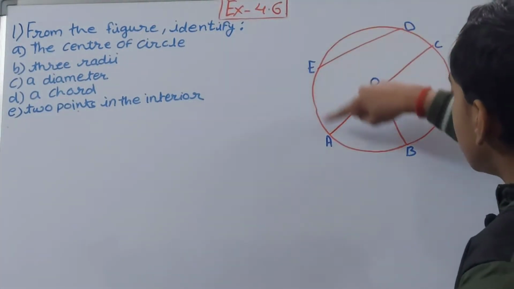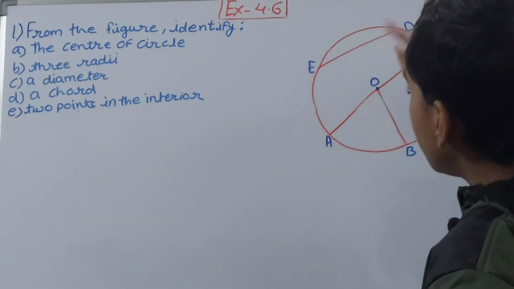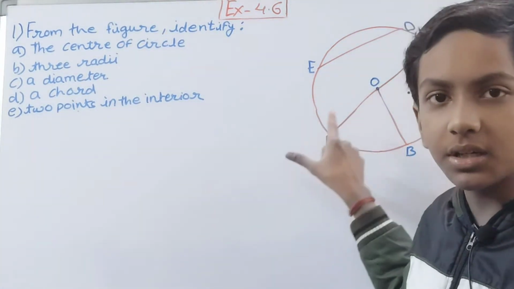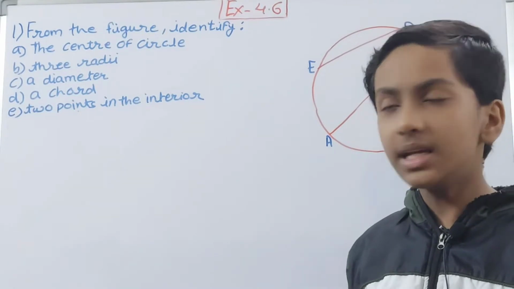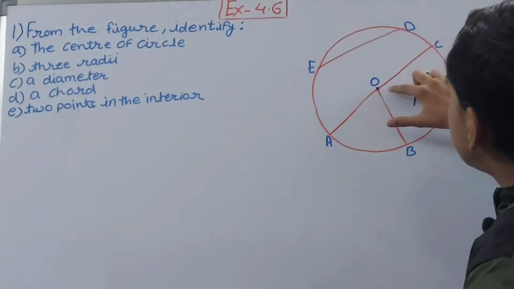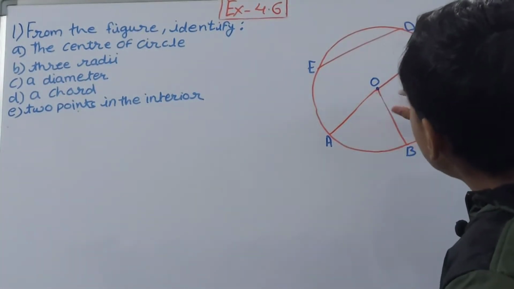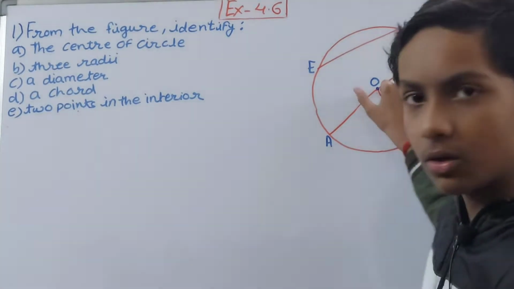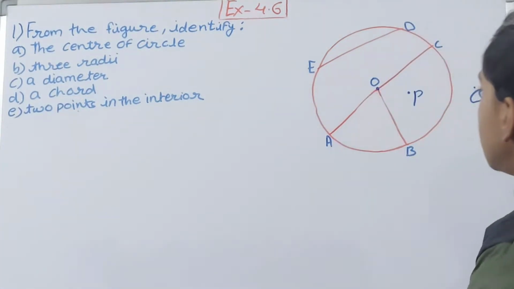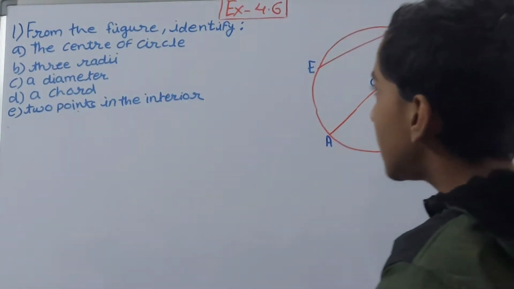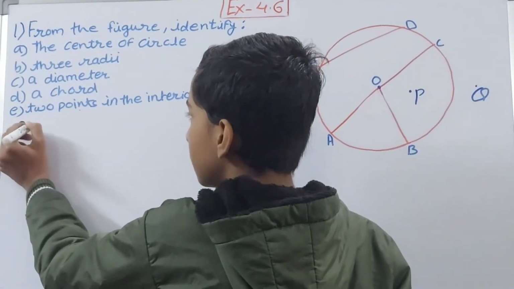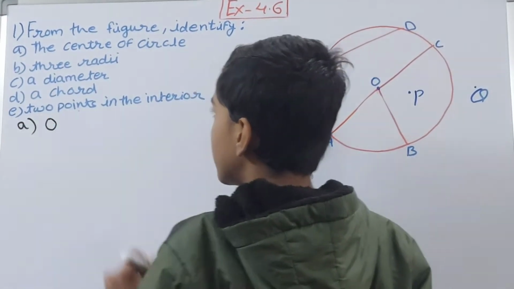Imagine this circle. The point in the center of this circle is called the center point. If you see closely, O is in the center of the circle. It is pretty clearly visible here. So for answer A, we can write point O as the answer.